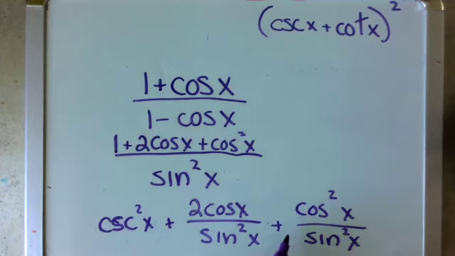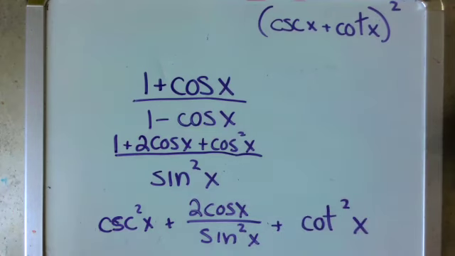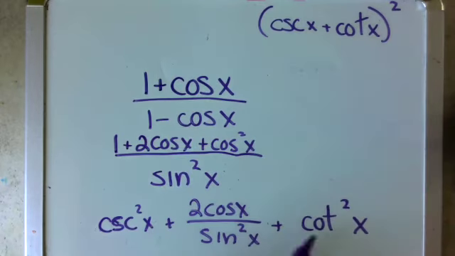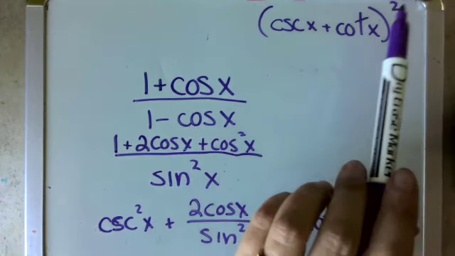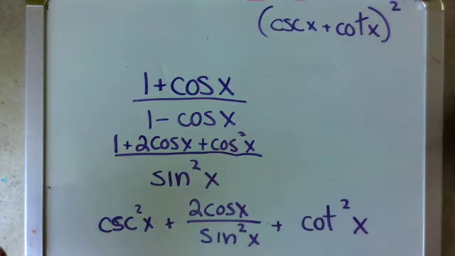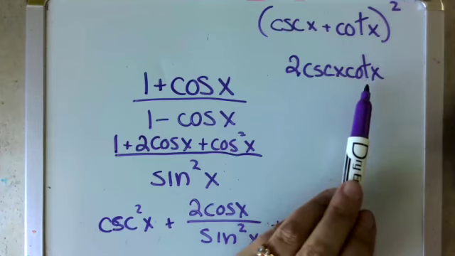Cos squared x over sine squared x, that's the same thing as cotangent squared x. And I can see here my cosecant squared x, that's going to be the first term. My cotangent squared x, that's going to be my last term. My middle term here would be 2 cosecant x cotangent x.